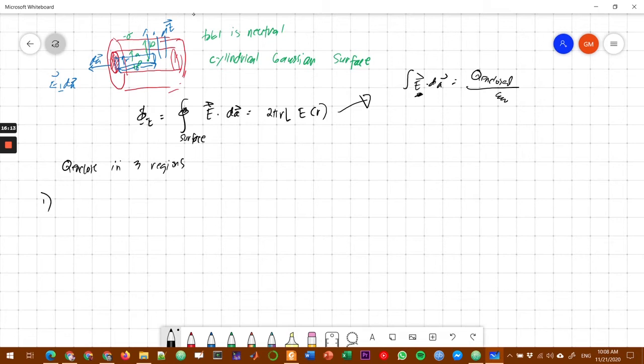Okay, first, for R less than A, what would be our Q enclosed? Okay? So for the Q enclosed sa R less than A, right? Since ang imuhang volume density for that case is uniform naman siya, so there's no need for an integral.